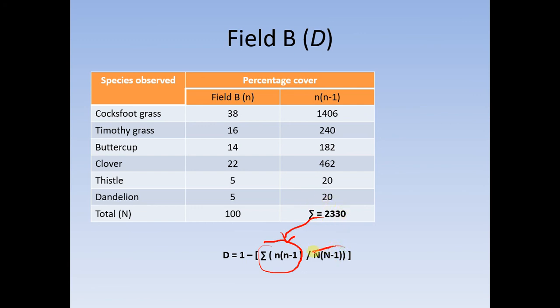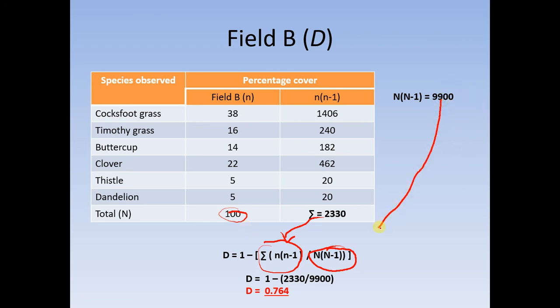Now remember, this is still going to be 9,900 because the total for each is still the same, 100. So I took 9,900, put it in the denominator, and 1 minus that quotient, and I get a diversity index of 0.764. Again, I know that's correct because it's not negative and it's between 0 and 1.